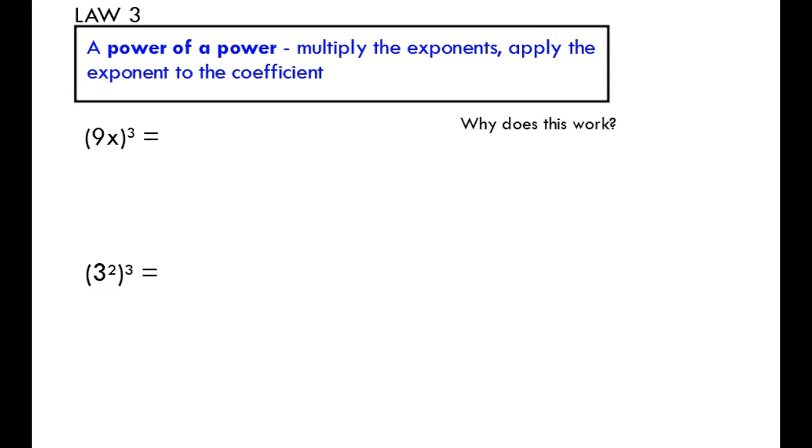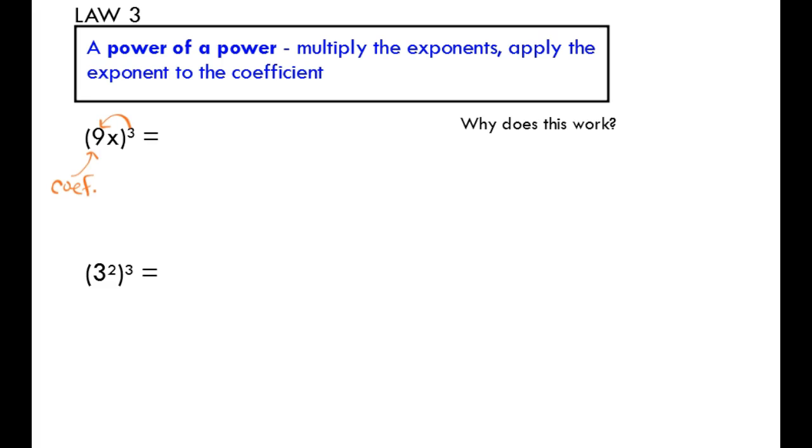Multiply the exponents. So if there's exponents on the outside, you multiply them with whatever exponents are on the inside of parentheses and apply the exponent to the coefficient. So that's a little bit more vague of what we're doing here. If we follow the rule, it says to apply the exponent to the coefficient. In this case, 9 is a coefficient on the inside.